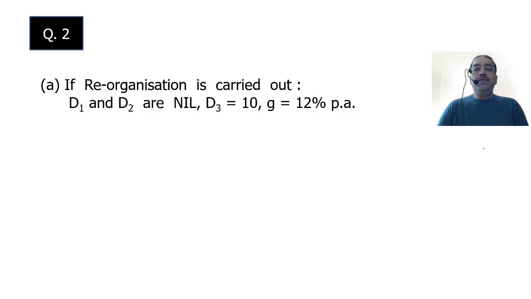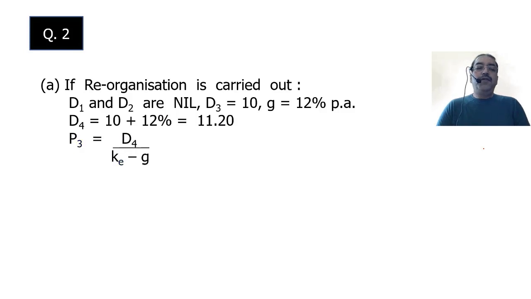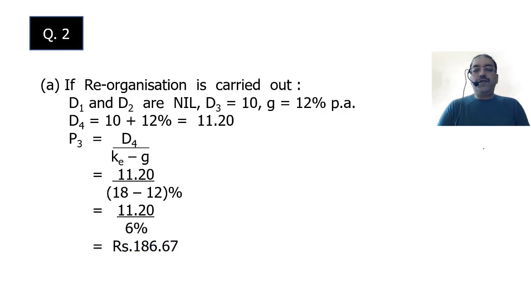D3 will be 10. Growth rate is 12%. So D4 will be how much? D4 will be D3, 10, plus 12%, that is 11.20. P3 is equal to D4 upon KE minus G. 11.2 upon 18 minus 12%, 11.2 divided by 6%. That comes to 186.67.